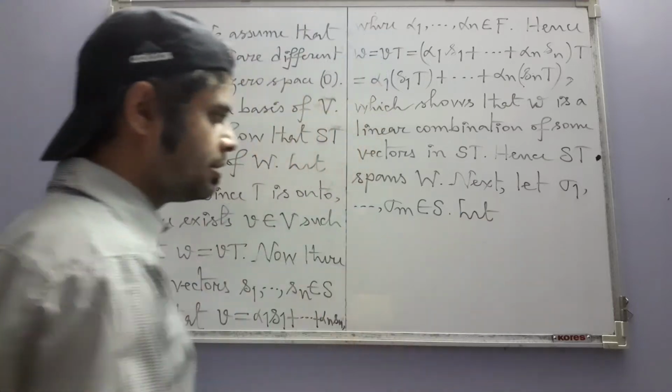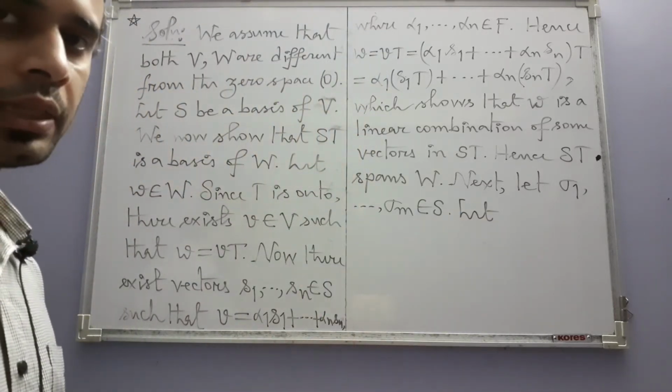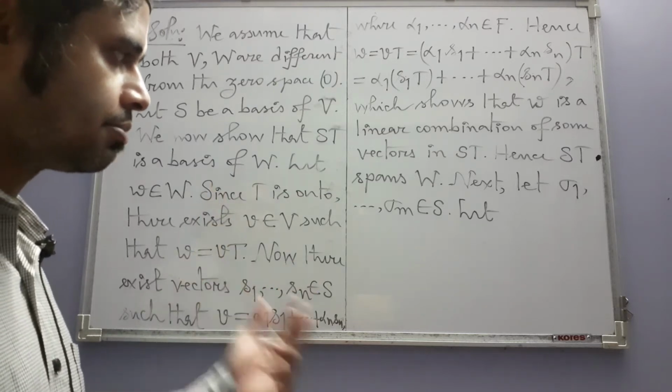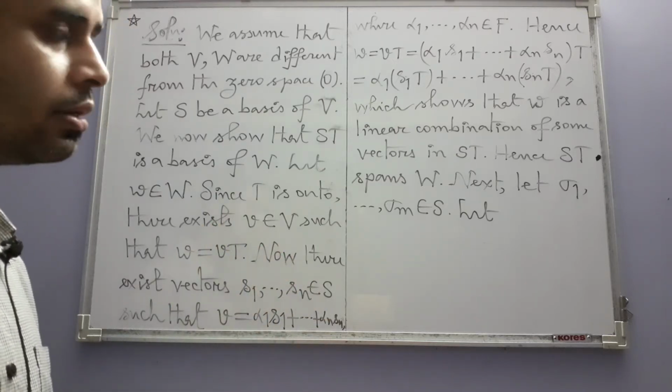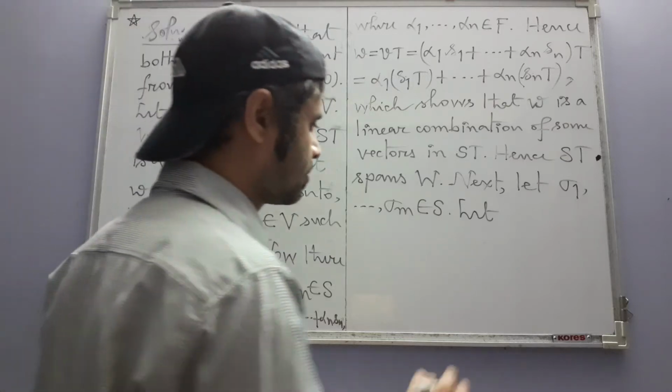We have chosen these vectors from S because we want to look at their T images, that is sigma 1T, sigma 2T, like that up to sigma mT. We want to show that these are linearly independent, because then ST will be linearly independent.